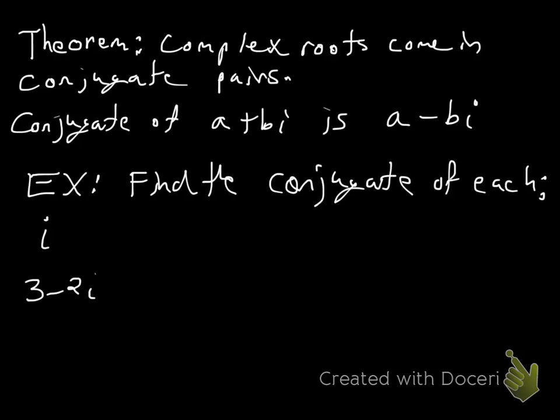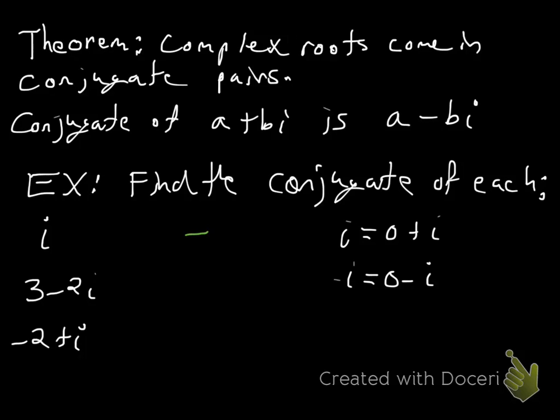So we have i, 3 minus 2i, and -2 plus i. So if you want, you can pause the video and you can double check. The conjugate of i is negative i. And one way we could write that is i is the same thing as 0 plus i, so the conjugate would be 0 minus i, and that would be equal to negative i.